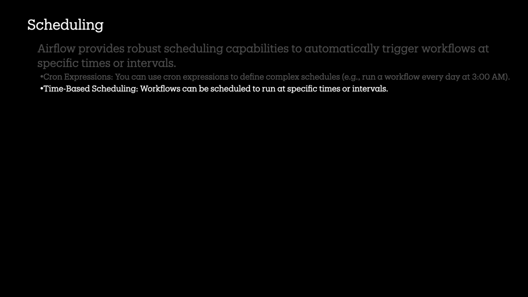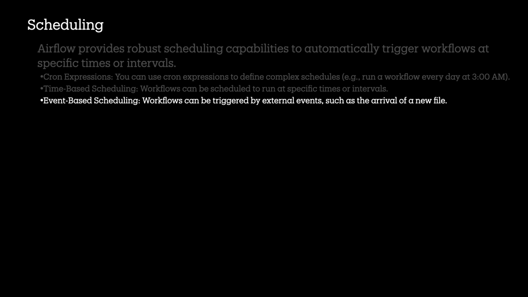And we have time-based scheduling, which is nothing but workflows can be scheduled at specific time and interval. And third type, event-based scheduling. Workflows can be triggered by external events such as arrival of a new file into the data lakes.